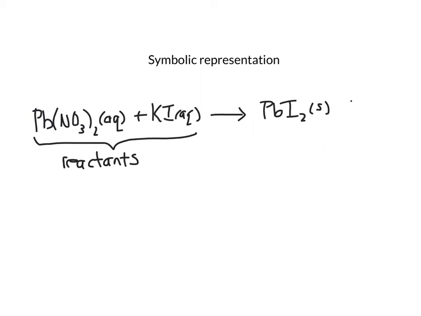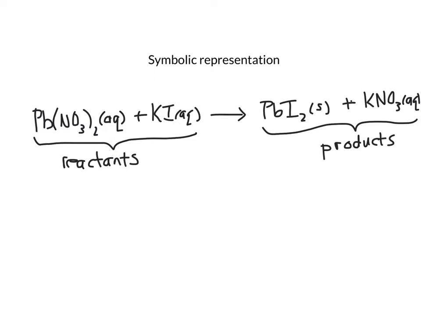And then I also had floating around in solution potassium and nitrate ions, and so I have potassium nitrate, aqueous, as a product as well. So on the left-hand side we have the reactants, and on the right-hand side we have the products of that reaction.